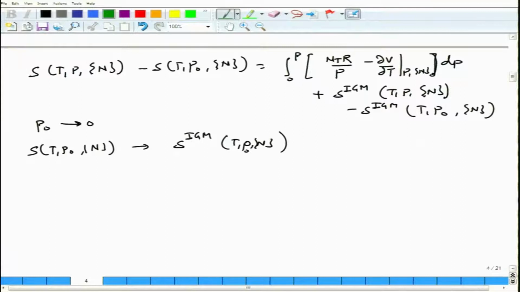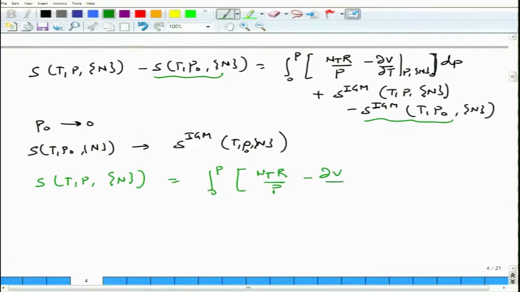If that is the case, then this and this term should cancel each other because these are the same term, since the mixture will behave like an ideal gas at P0 tending towards 0. So, what remains now is S(T,P,n) integrated from 0 to P, plus S^IGM at P. So, this is the term which we have.